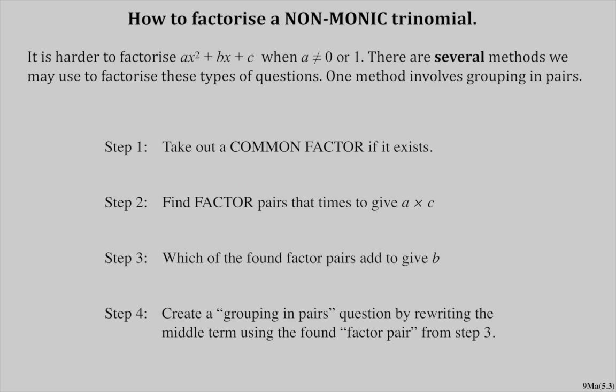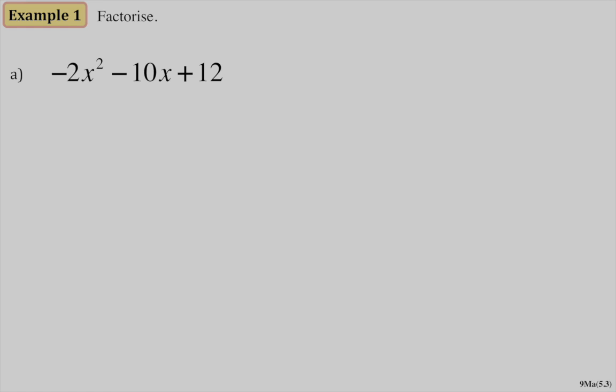Secondly, you're going to have to look for factors that multiply to give the letters A and C, in other words, the first and last numbers. We've got to find those two factors that add to give B, and we go through the grouping in pairs process. Let's do an example so it can hopefully make some sense.